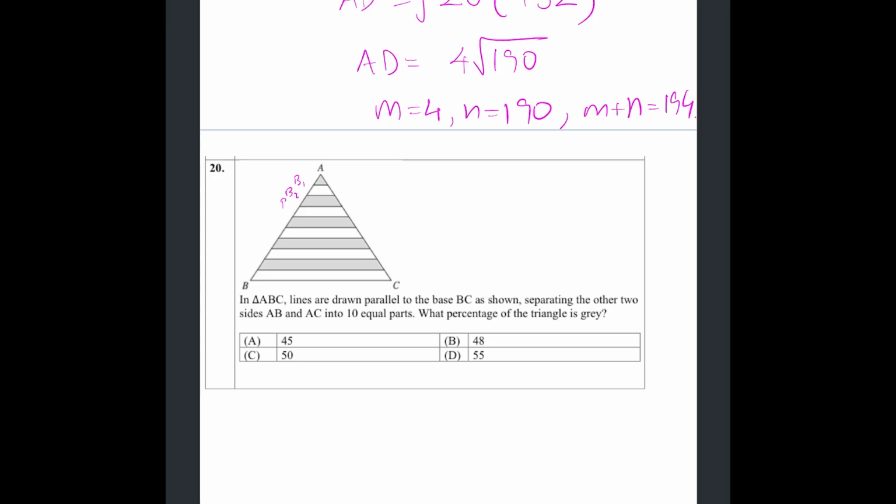B1, B2, B3, or let's make a bigger diagram, right?